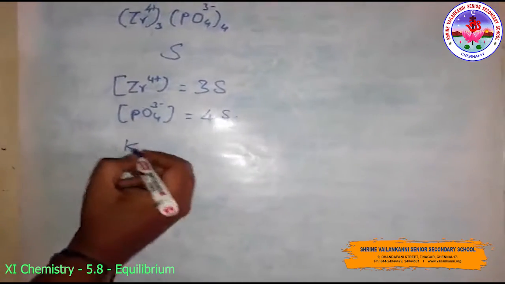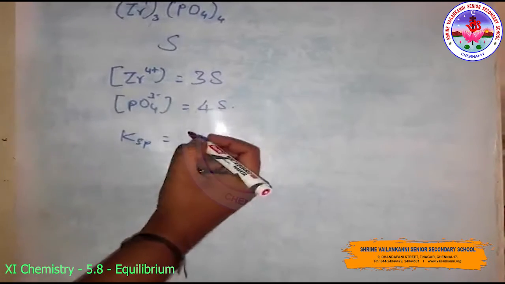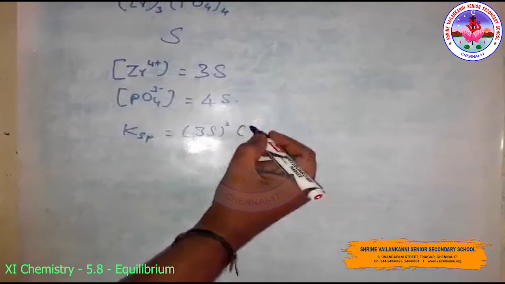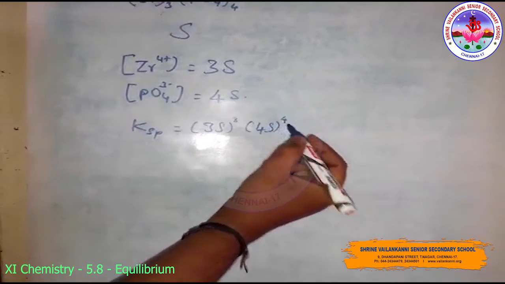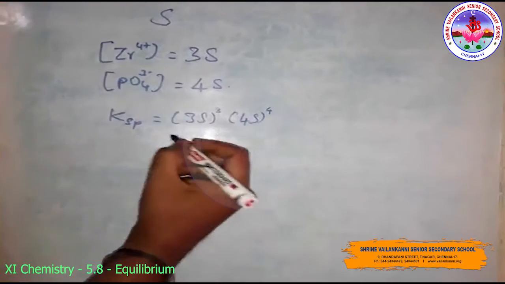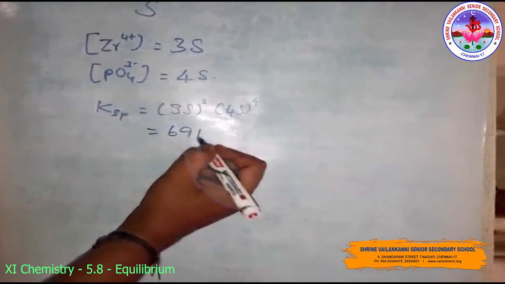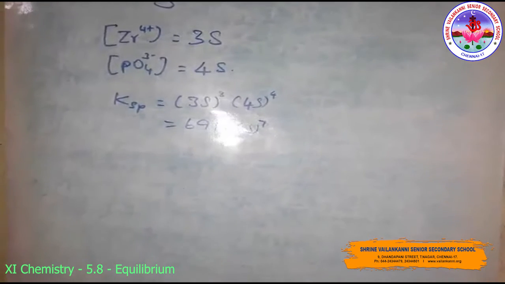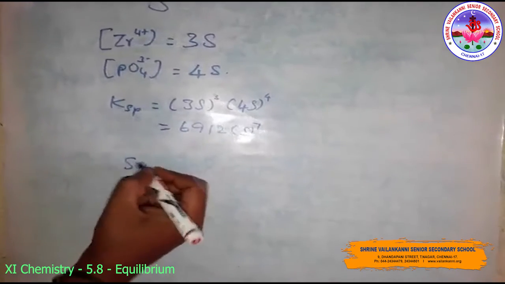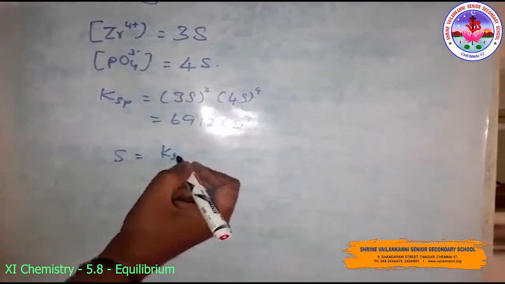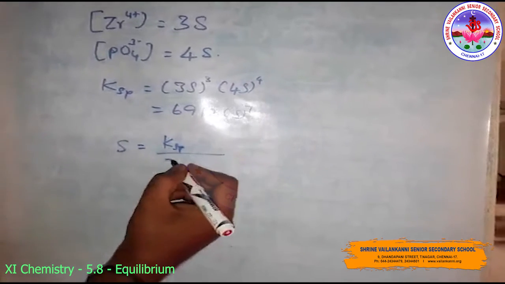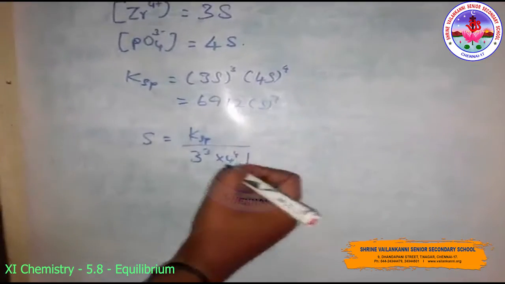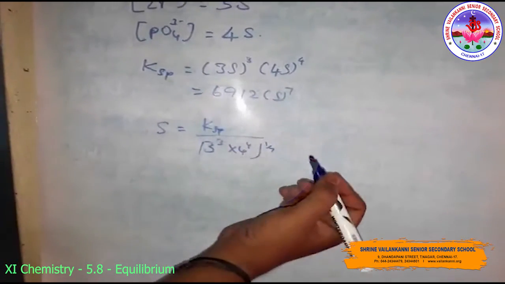So the Ksp, the solubility product, is equal to (3S) to the power 3 times (4S) to the power 4, which becomes 6912 S to the power 7. So you can write S equals Ksp divided by 3 to the power 3 times 4 to the power 4, all to the power 1 by 7.